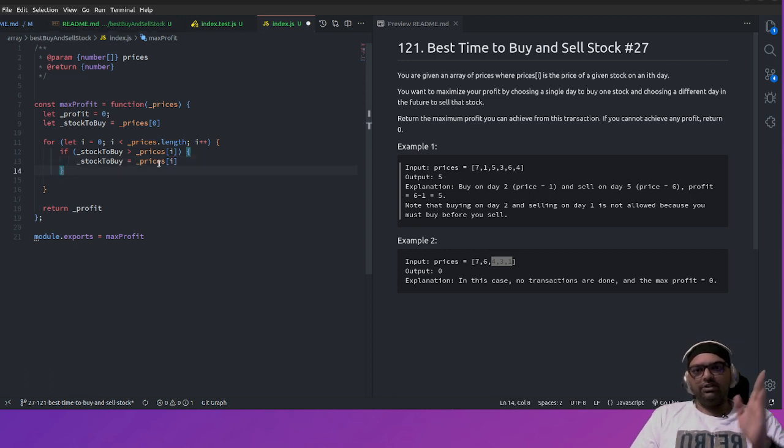Initially we have the first, then the second, and the third. That is how our iteration goes on.